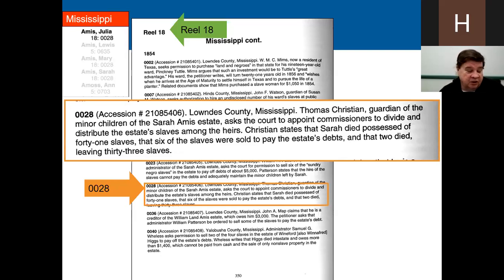Thomas Christian, the guardian of the minor children of Sarah Mee's estate, asked the court to appoint commissioners to divide and distribute the estate's slaves among the heirs. It states that she died possessed of 41 slaves, and 6 were sold to pay the debts, and 2 died. There's 33, and these slaves need to be split up among the kids, probably because some of them were getting old enough to inherit.